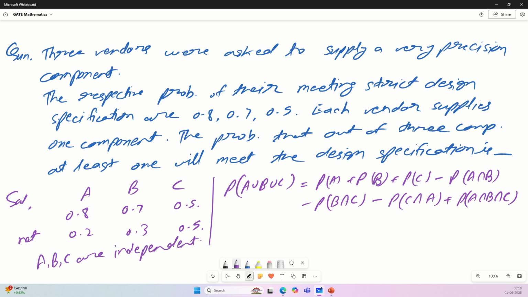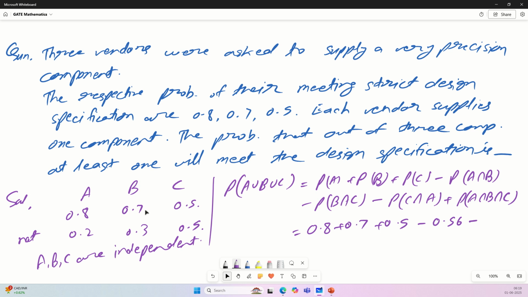So if they are independent, you know already that probability of A intersection B will be probability of A into probability of B. So that relation we will use quickly. What is probability of A? 0.8 plus 0.7 plus 0.5 minus AB. So A intersection B is A into B, that is going to be 0.56, minus BC.